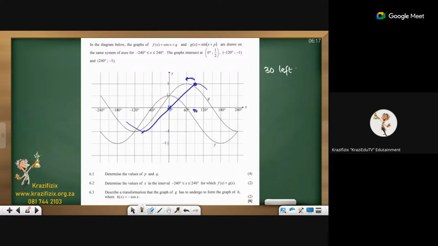In your head you're thinking left is negative, but left should be positive. The graph we are given is sine x, so P is 30. 2 marks in the bag.